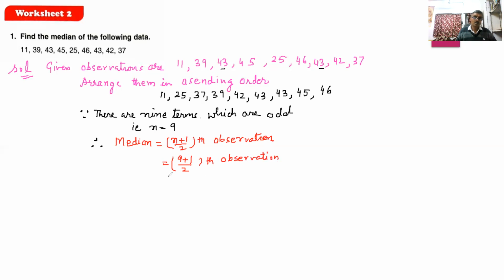That is what? 9 plus 1 means 10 by 2th observation. That is, fifth observation will be the median.